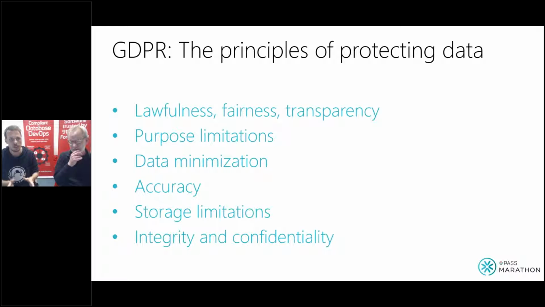Now we've got all of these processes, as Grant said, which we've had in place for some time and which are gradually evolving, adding bits on, taking bits away. But actually, how do we ensure that at the very heart of all of these processes that our business uses for day-to-day business, for delivering value to customers, how do we make sure that they have data protection by design and by default at their very heart?